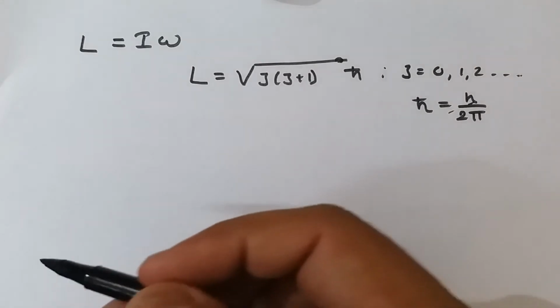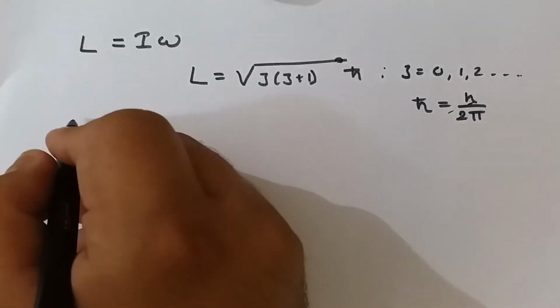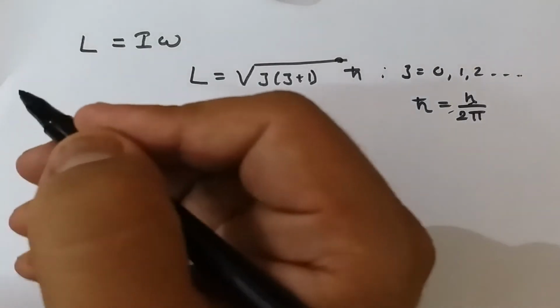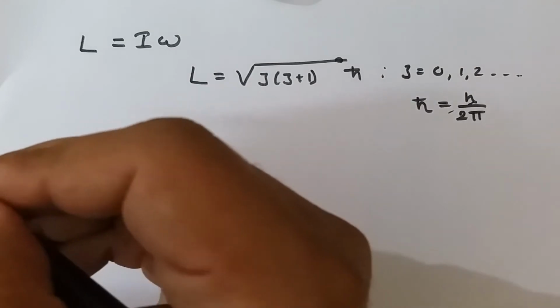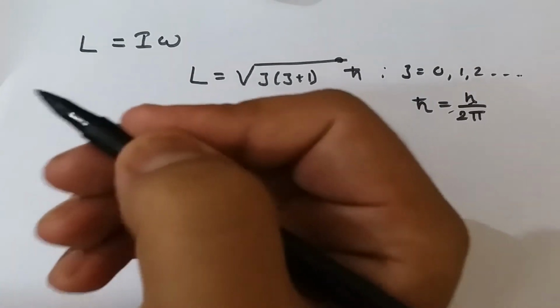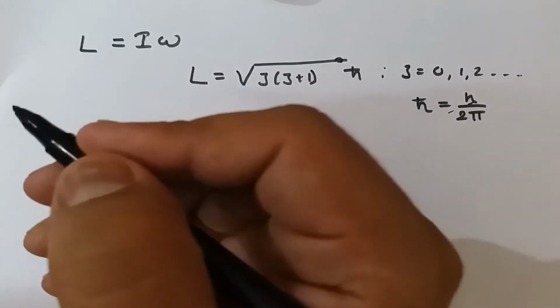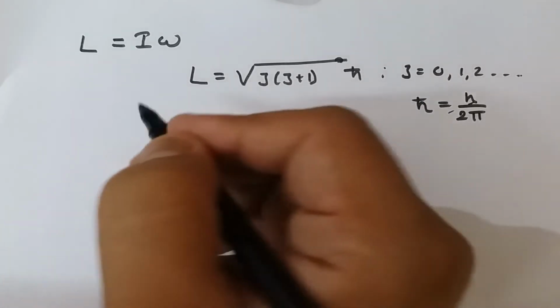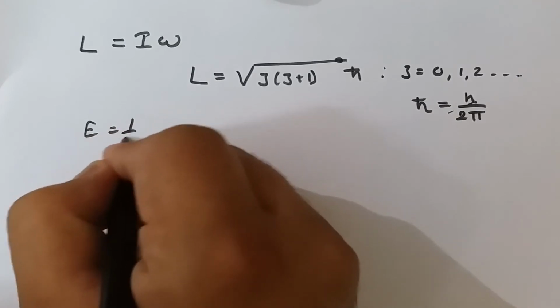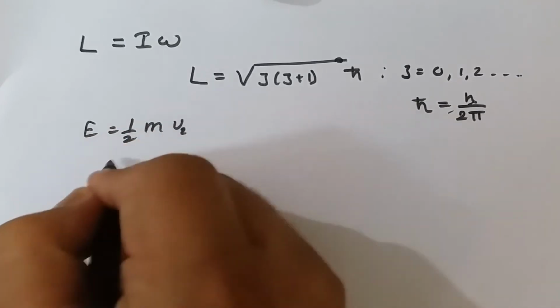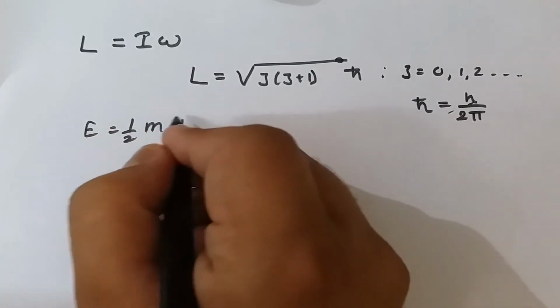Now we need to know the energy. For a particle with mass m moving with velocity v, the kinetic energy is E equal to half m v square, where m is the mass and v is the velocity.